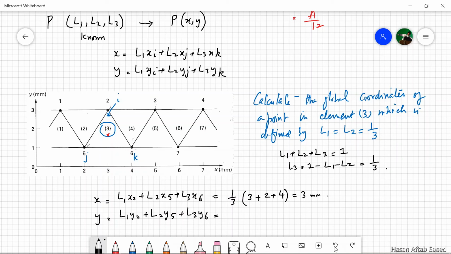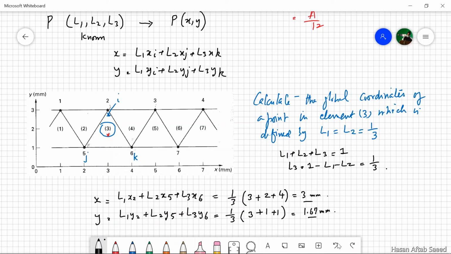For y, we have 1 over 3, y2 is 3, and y5 and y6 are 1 each, and this gives us 1.67 millimeters. Now this is, as we expected, should be below 2, but we didn't know exactly how much. So this is the answer, 1.67.